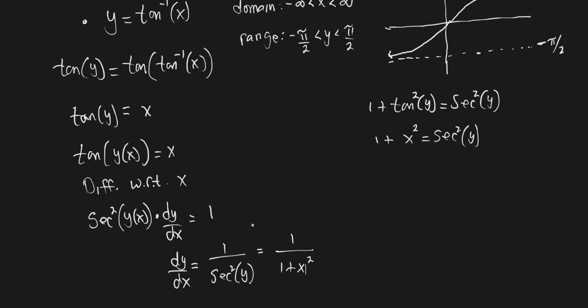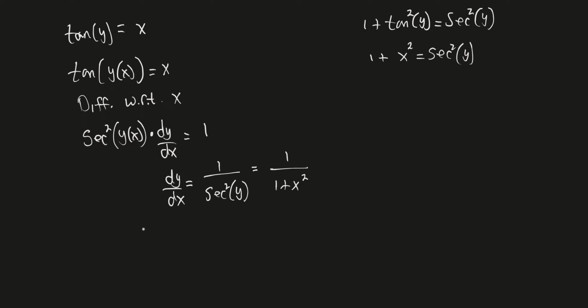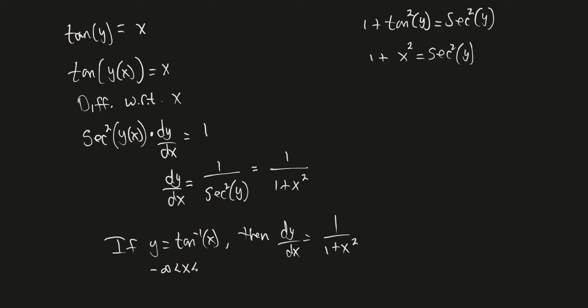Now, let's think about the domain here. If y is equal to arctangent of x, and we just proved that its derivative is 1 over 1 plus x squared, I remember what we said, that this function has a domain of all real values of x.